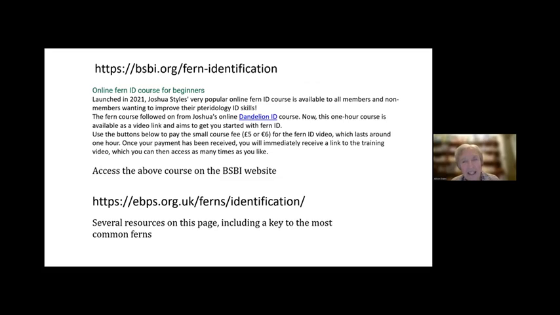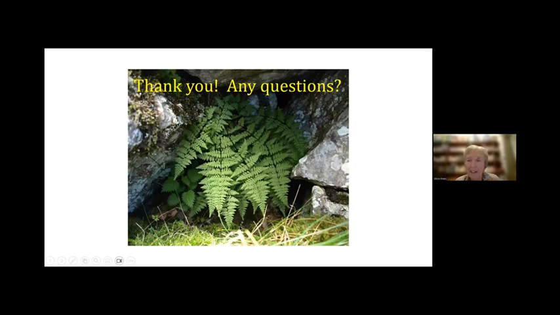He's done a Fern ID course, but you have to pay £5 for it, even if you're a BSBI member. And if you go to the identification page on the BPS website, there's a simple key, a dichotomous key. It's not absolutely inclusive, but it's the most common things that you find.